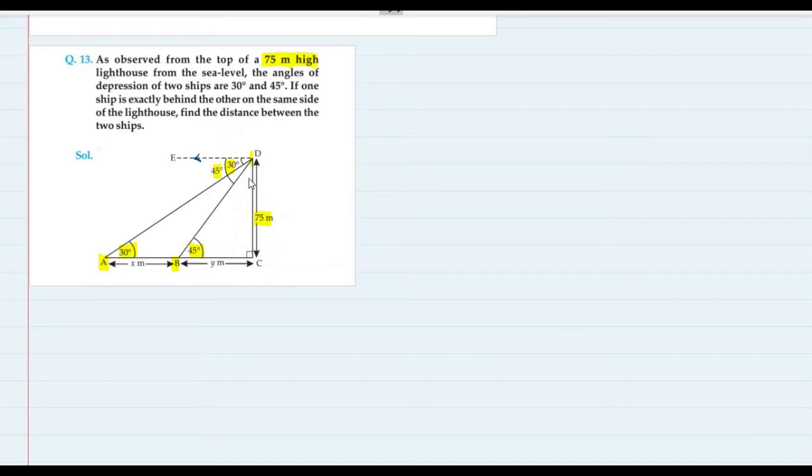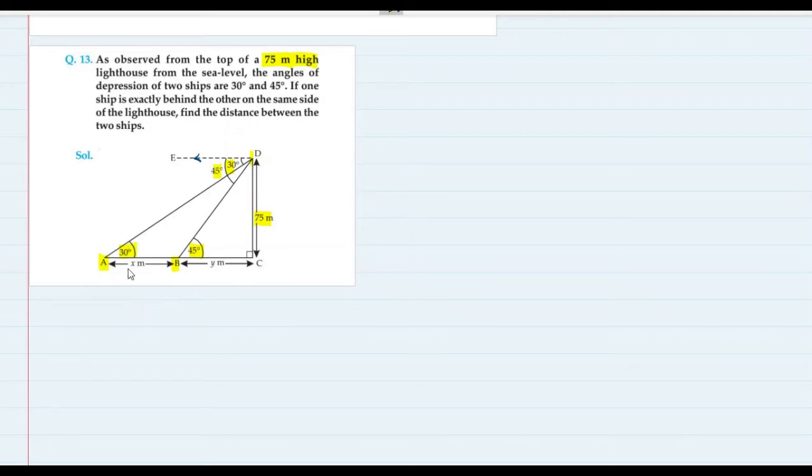Okay, so now we are no more concerned with these angles of depression. We have calculated their counterparts on the sea level or ground level. So we can directly take triangles DBC and ACD respectively and calculate whatever is required. These are two ships A and B. If one ship is exactly behind the other on the same side of the lighthouse, find the distance between the two ships.